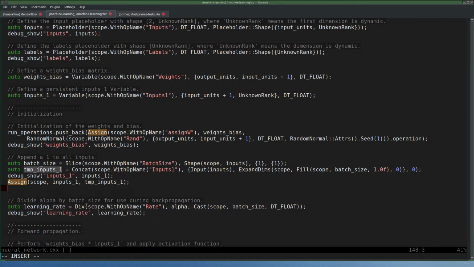Especially since input one is undefined until this happens, so I can just do a debug show for inputs one. This is a temp. Show the temp on temp.